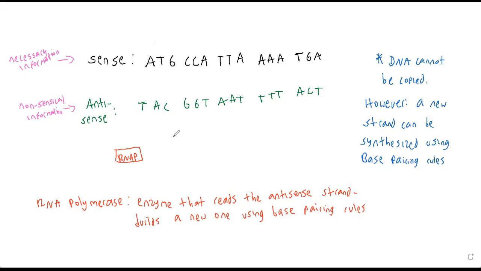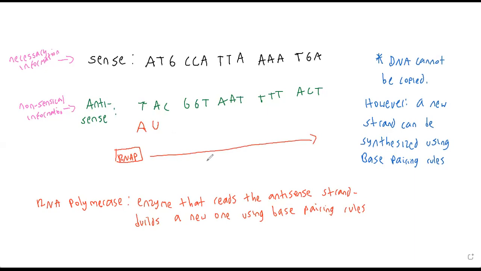What this RNA polymerase is going to do is go down this strand here, and synthesize a new strand using base pairing rules. It's going to read the T and put an A. It's going to read the A and put a T. No, it isn't. It's going to put a U, because remember, RNA has uracil, not thymine.